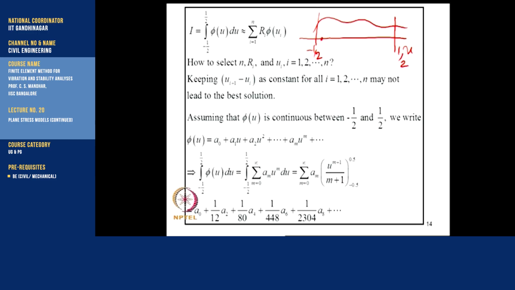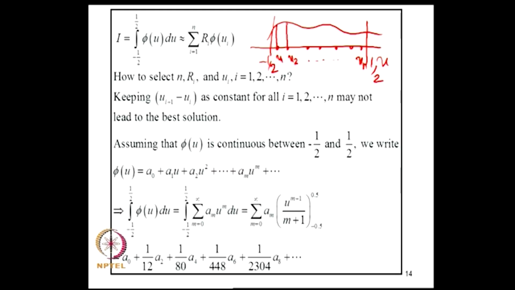I want to evaluate this function at some set of points u1, u2, some un, and I want to attach a weight r1 to φ(u1), r2 to φ(u2) and be able to evaluate this integral. So, I am looking for evaluation of I by using this representation.